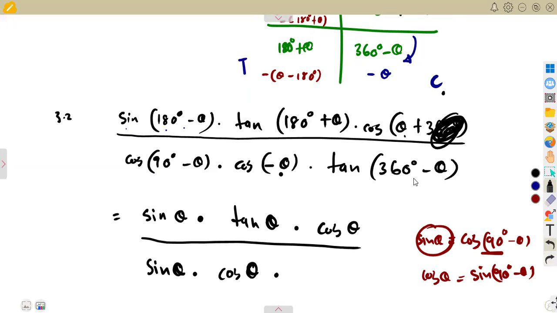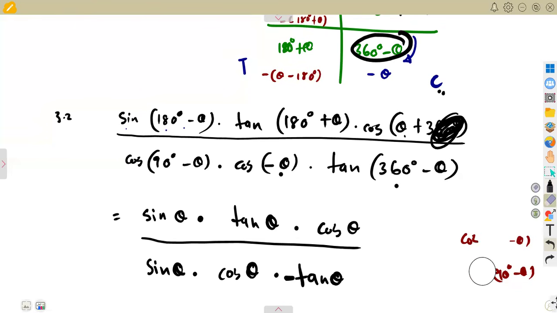Then tan of 360 minus theta: 360 degrees minus theta is a positive angle. But this quadrant is not the quadrant of tan, it is the quadrant of cos. Tan there is negative. So it means it will be minus tan theta. The angle is a positive angle, yes, but the tan in this quadrant is negative.